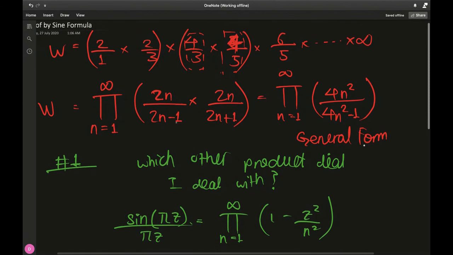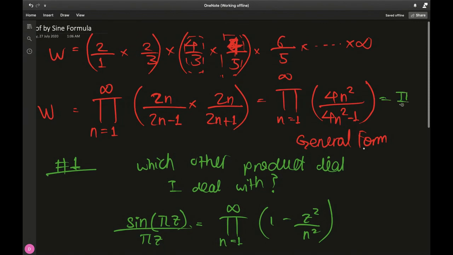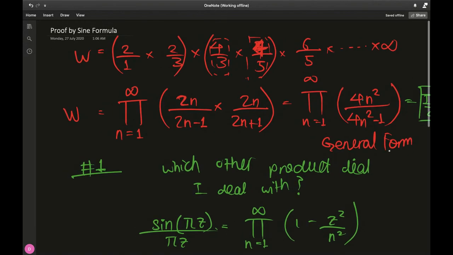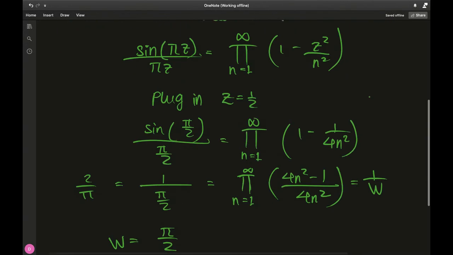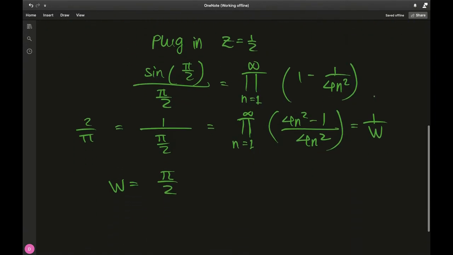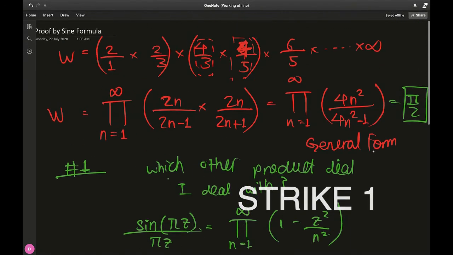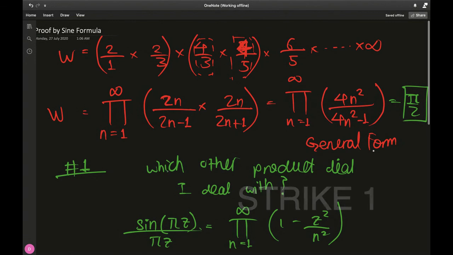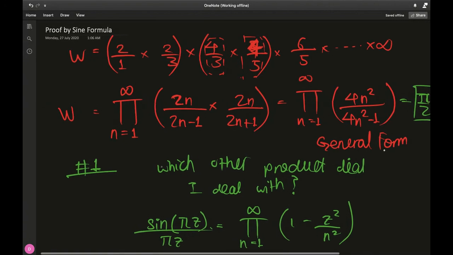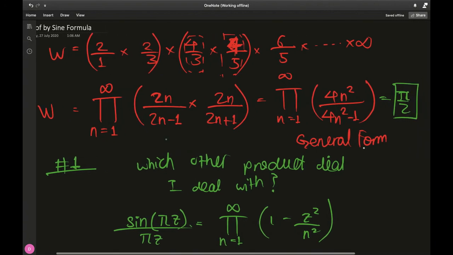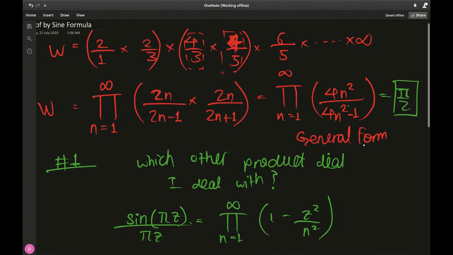This Wallis product actually turned out to be pi over 2 using nothing but the sine product representation. Isn't that fabulous? Isn't that something amazing? But if you're thinking the video is over, well, you're wrong, because we have three other ways of proving that the Wallis product is equal to pi over 2.